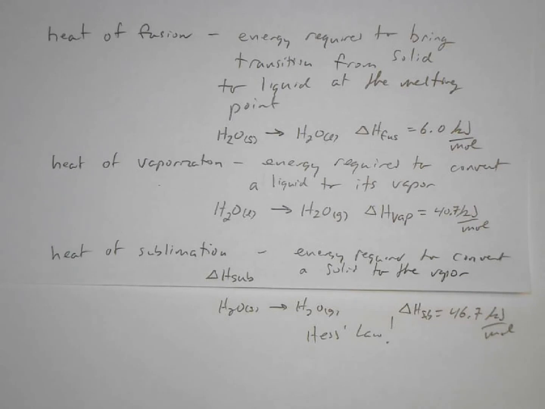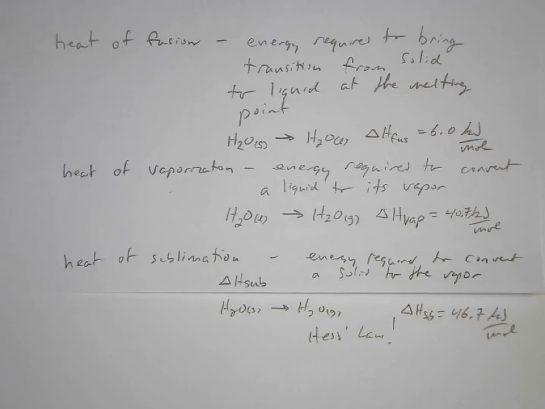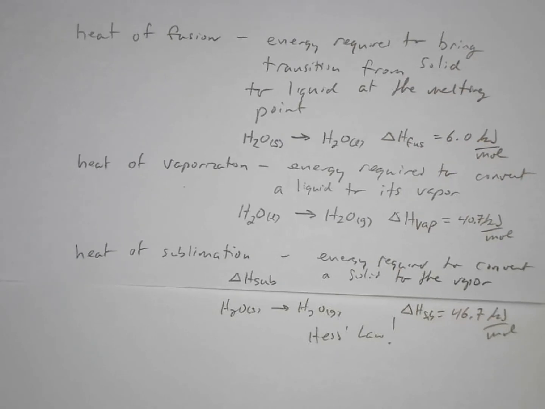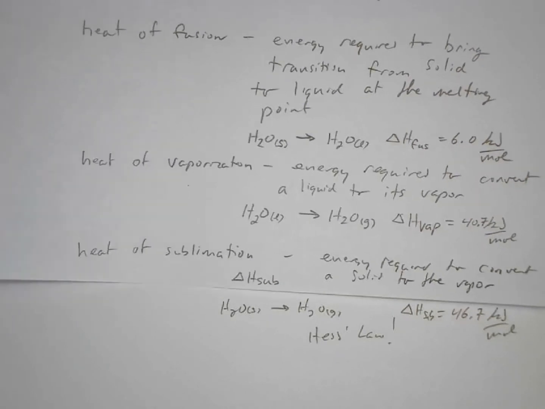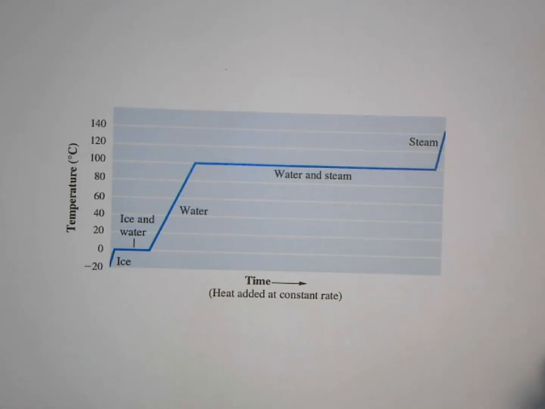Let's look at a diagram that will help us illustrate the heats and the energies involved in changing phases. This is figure 11.9 from your textbook. What this is illustrating is a couple of things.